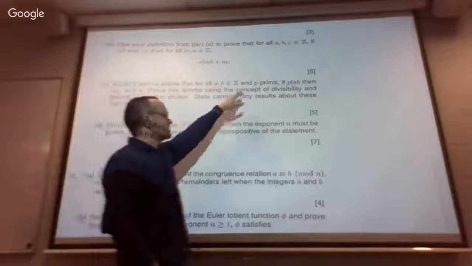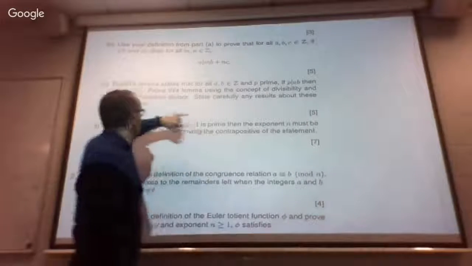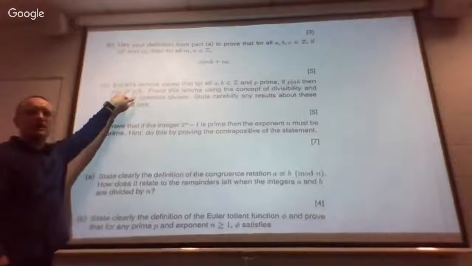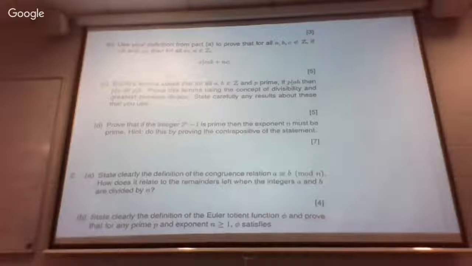Prime numbers are those numbers p that satisfy this property, that whenever p divides a product, it always divides at least one of the factors, and that works for any pair of integers a, b. It's not as natural or nice as our definition of prime numbers, those with only two factors, themselves and 1. But it is equivalent.